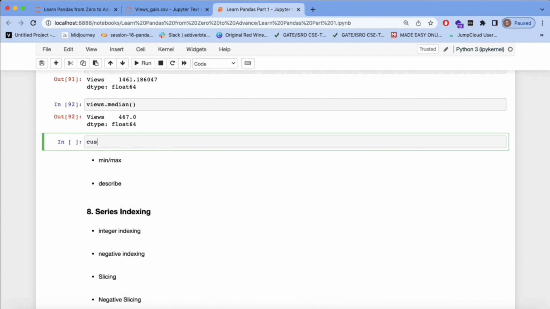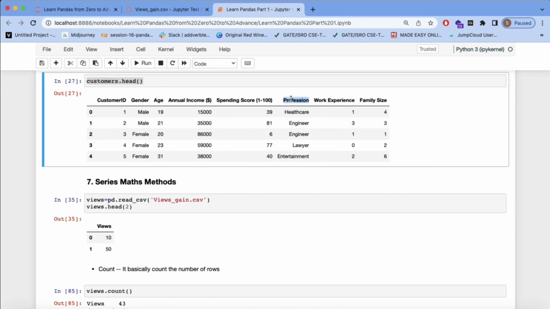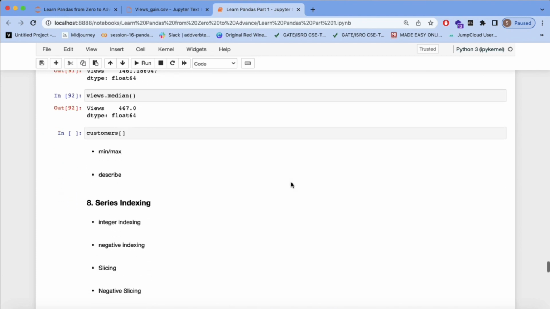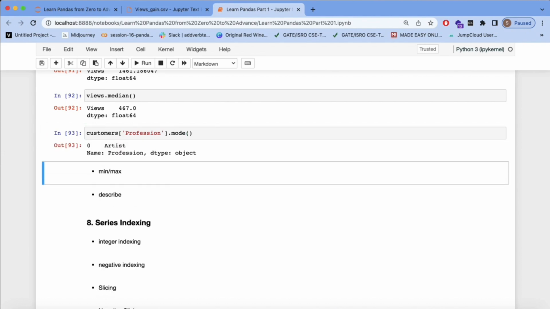customer, and you need to put here the column profession, and you do mode, and you will see artist. It means the maximum number of people in that customer data are artists.